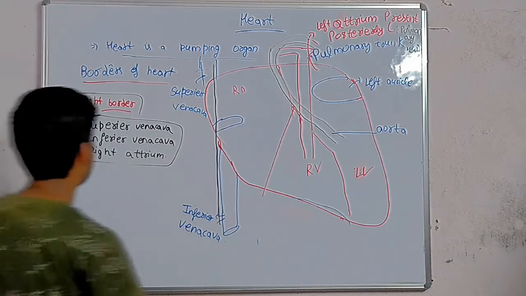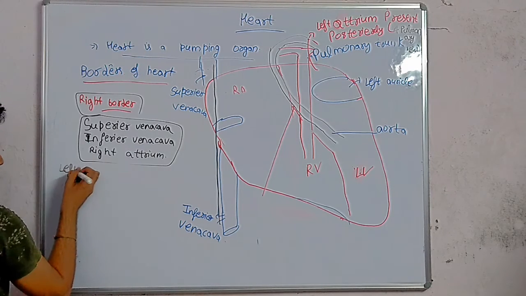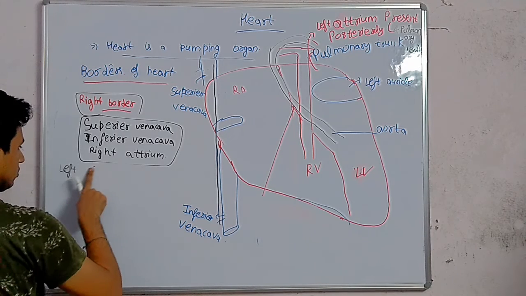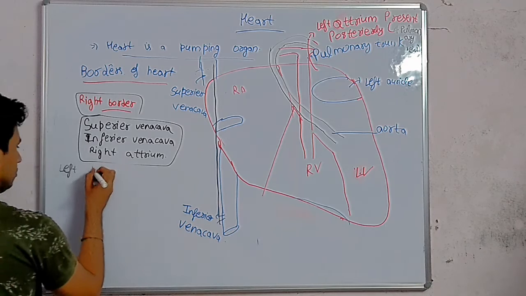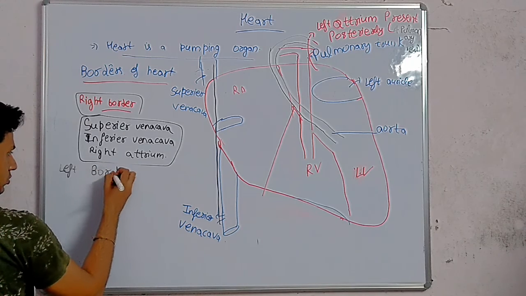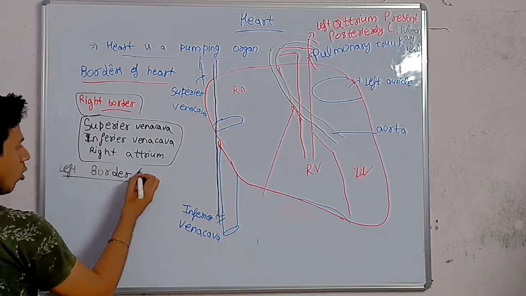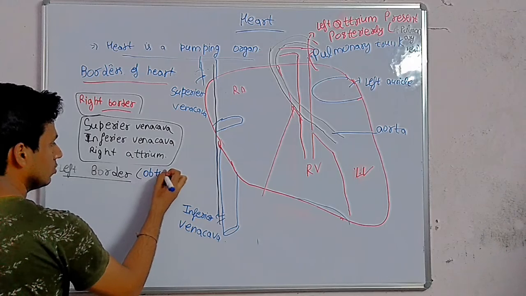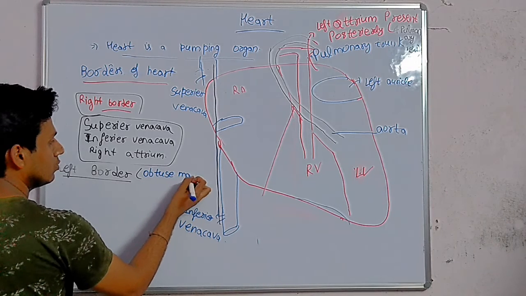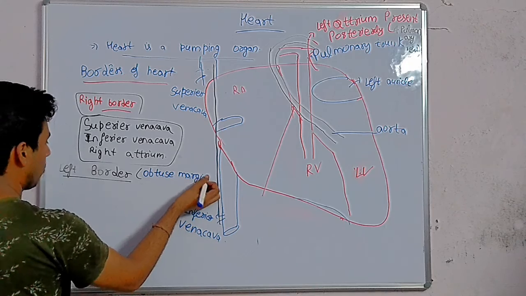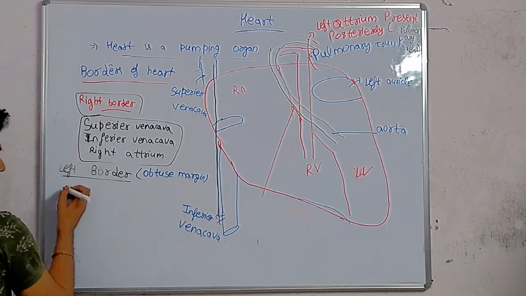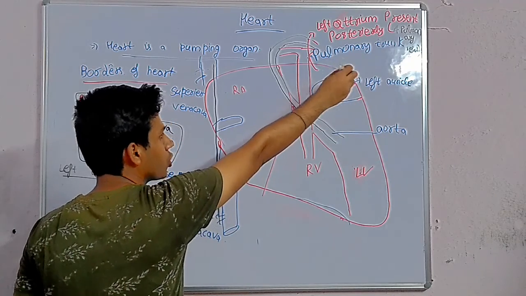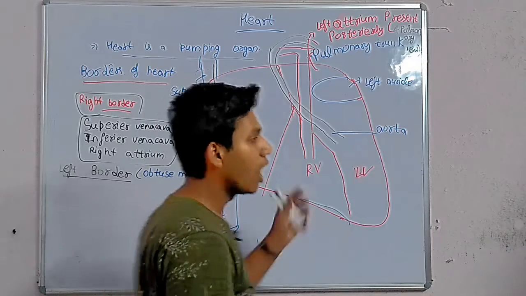And the left border. Left border, and this is called obtuse margin. This is formed by the left ventricle and some portion of left auricle, not left atrium.